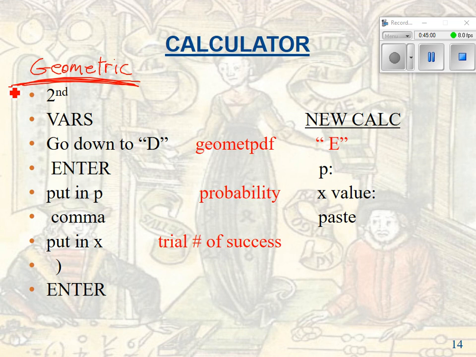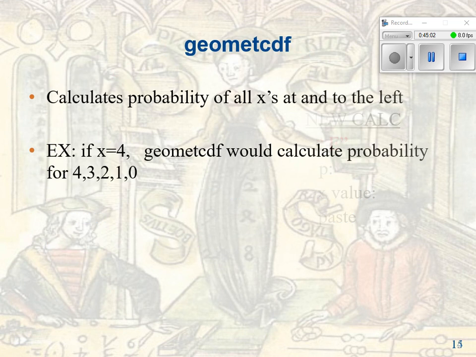The CDF on the geometric does the same thing. It starts at whatever number you put in there and goes down, so the CDF adds them all up going down. If you need something going up, you'd have to find it going down, then subtract from 1.